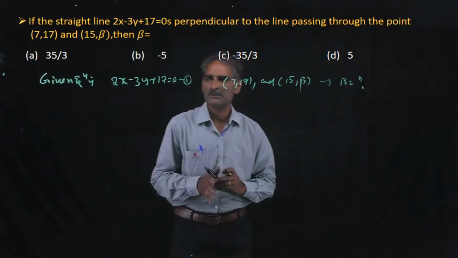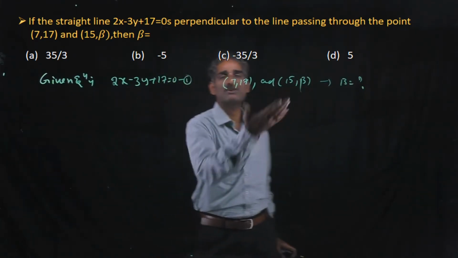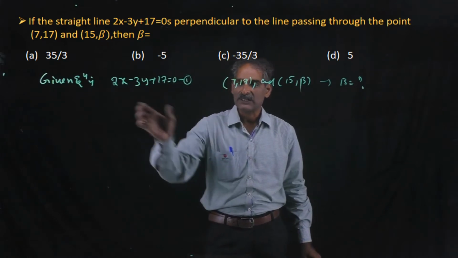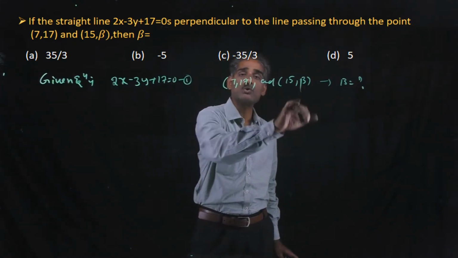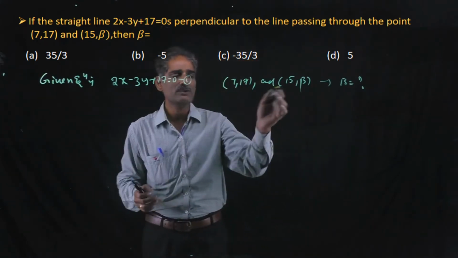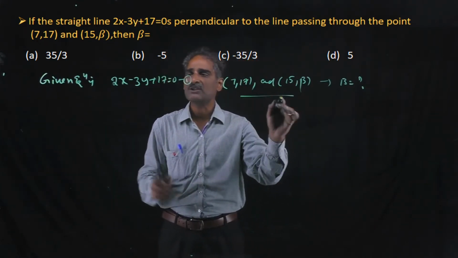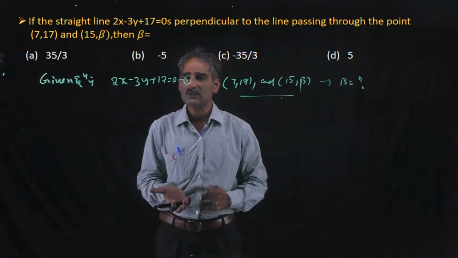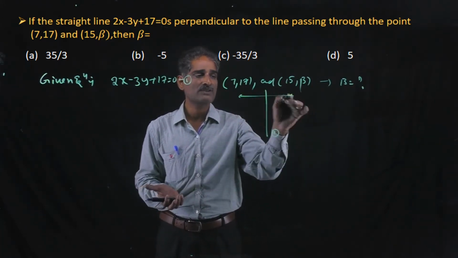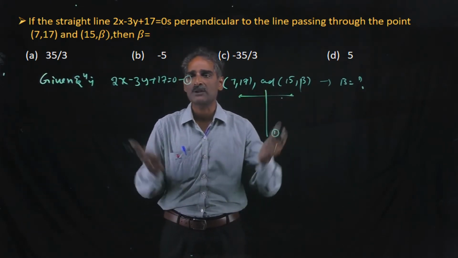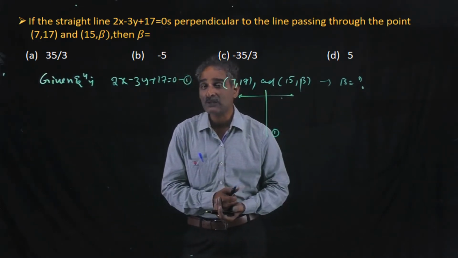This line is perpendicular to the line passing through these 2 points. With the help of these two points, you can form a line. The equation 1 represents one line, and these 2 points form the other line. These two are perpendicular lines, so the product of slopes is minus 1.